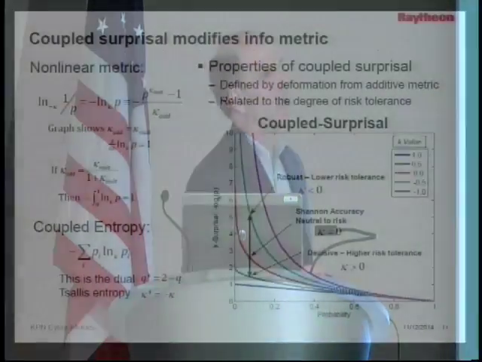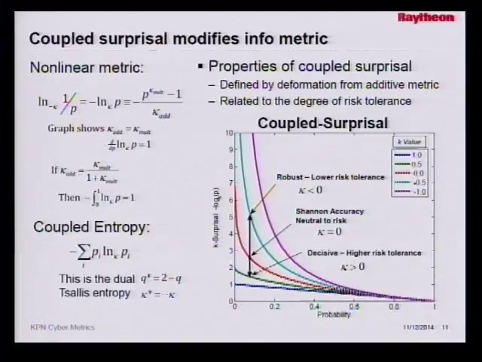The way I'm going to do this is to deform the measure of information, and that deformation is going to be a way of evaluating how much I value that information.